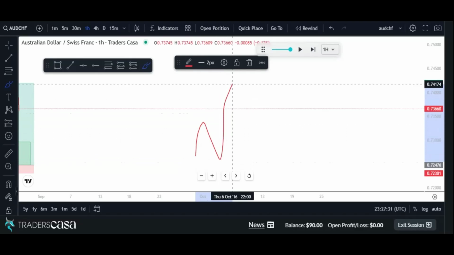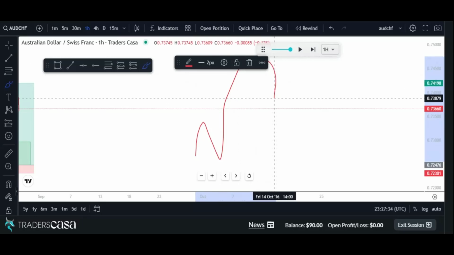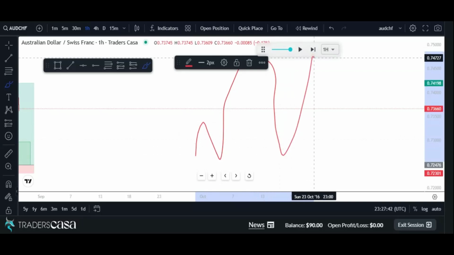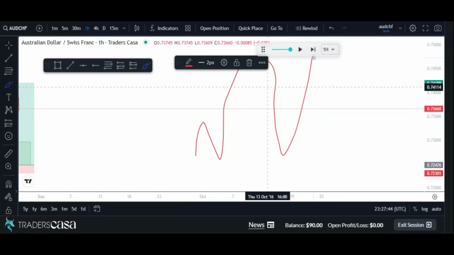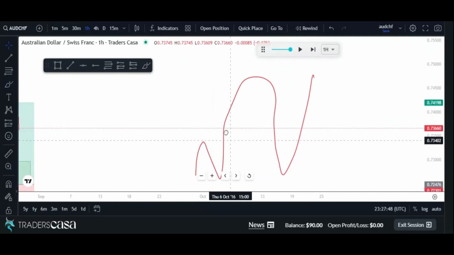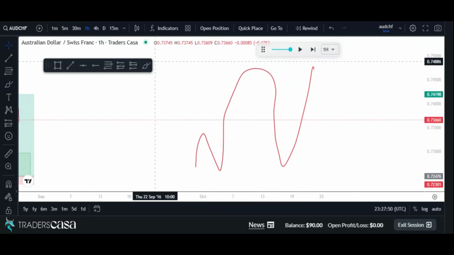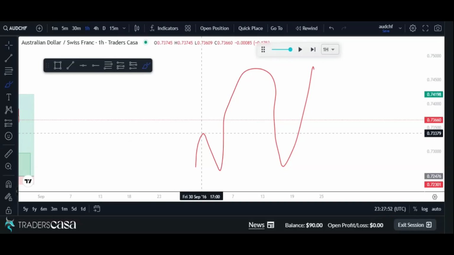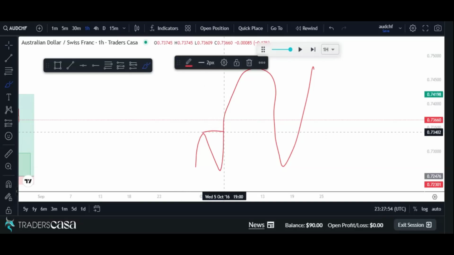Then bought all the way high, then before coming to your POI and the buy up, what do we call this? We call this a breaker block.